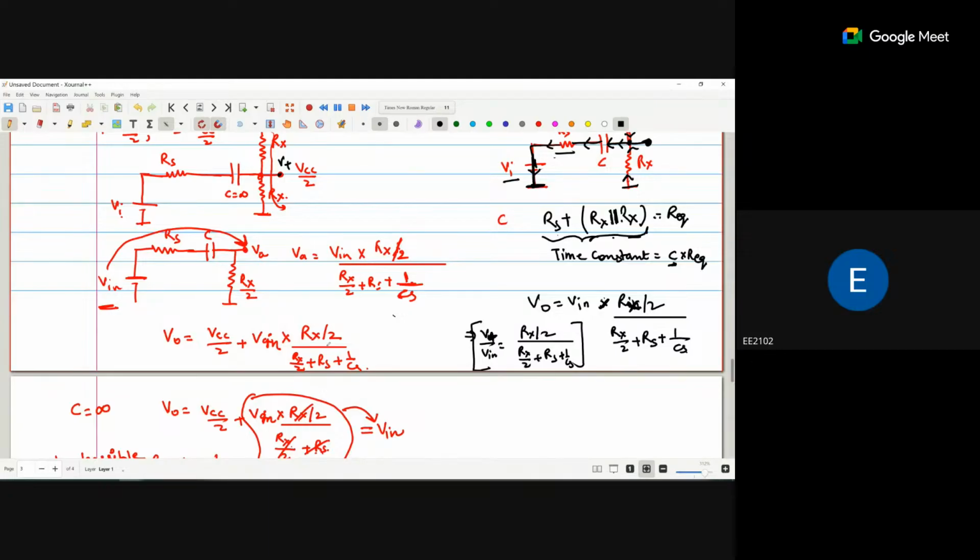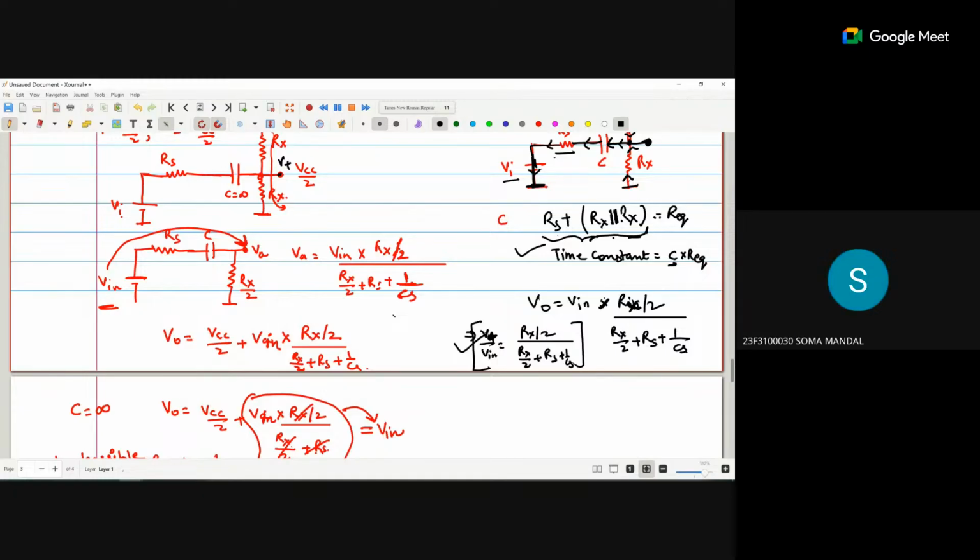So either V plus upon V in is given to you, so in this way you can calculate the capacitance value, or the time constant is given, so in that way you can calculate the capacitance value of input side capacitor. Output side we already calculated, input side either this one is given or this one is given. In this way you can calculate the input side capacitance value.